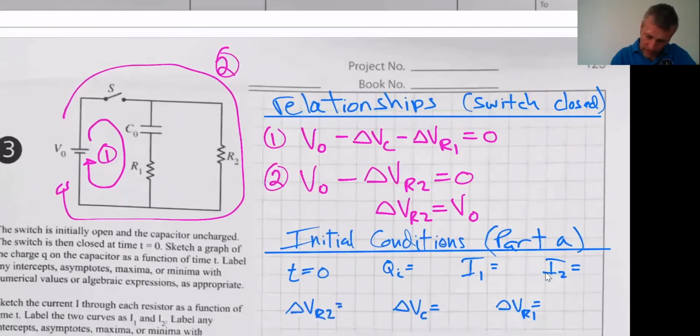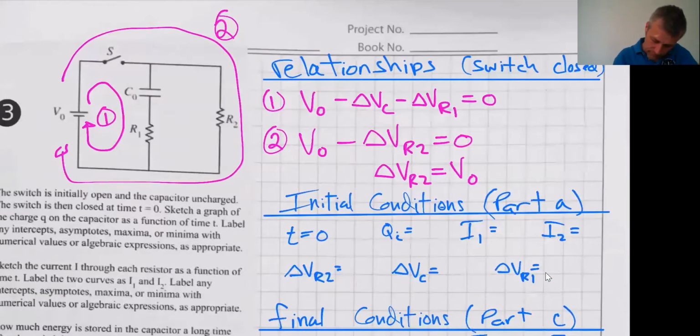So for our initial conditions here, delta V for R2 was V naught. Delta V on the capacitor is 0 because the capacitor is uncharged.